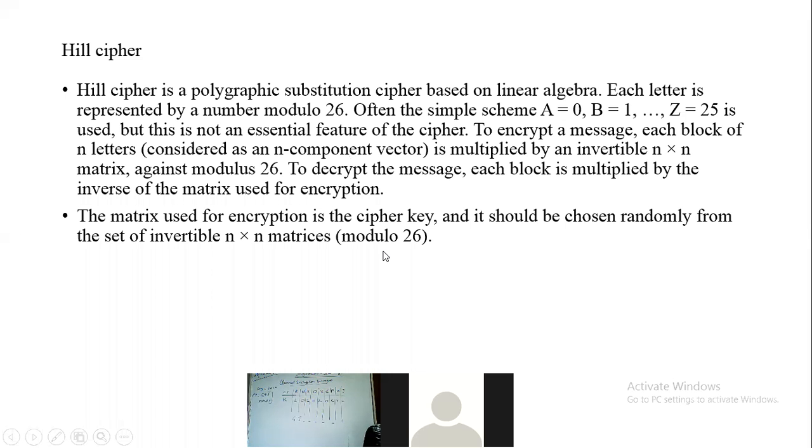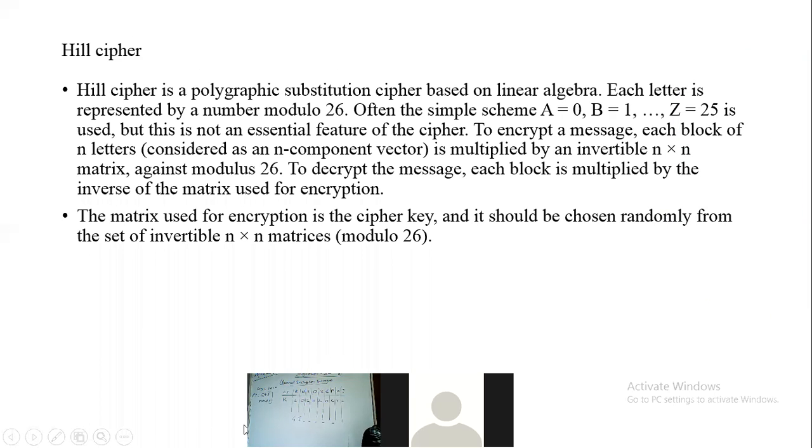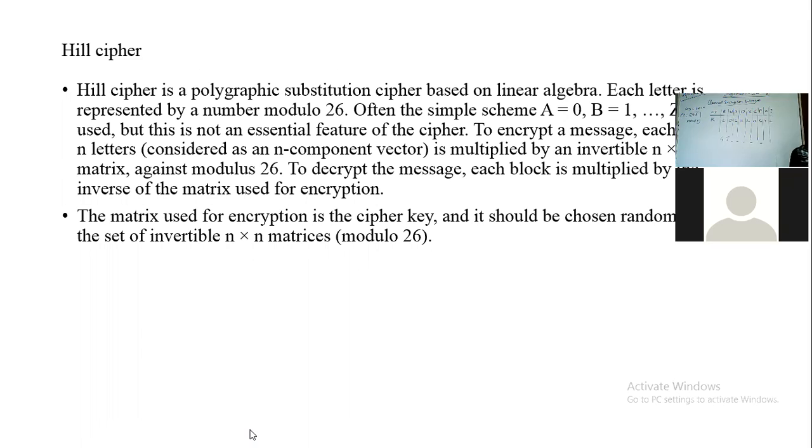Now the next is Hill cipher. Hill cipher is also important, and in this cipher we use the concept of matrix.